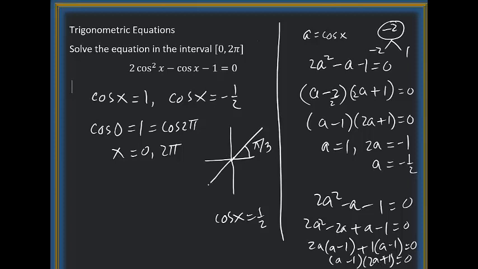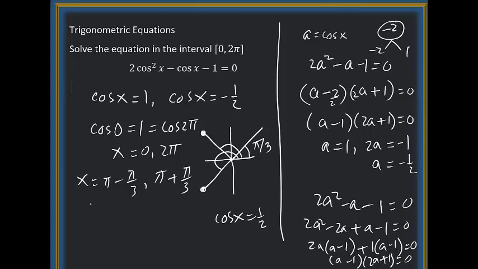So that means my solutions will be in quadrant 2 and quadrant 3 with the reference angle pi by 3. So now my x will be pi minus pi by 3 for the second quadrant, and pi plus pi by 3 for the third quadrant.